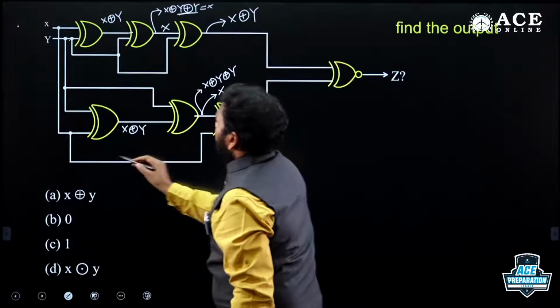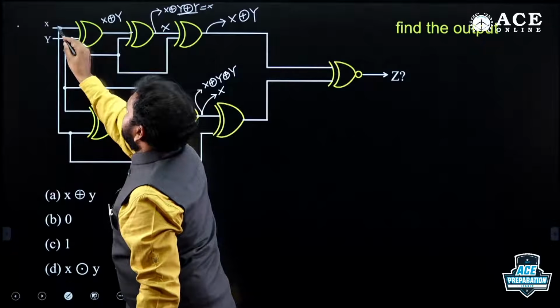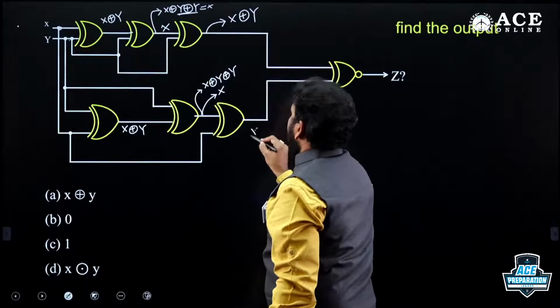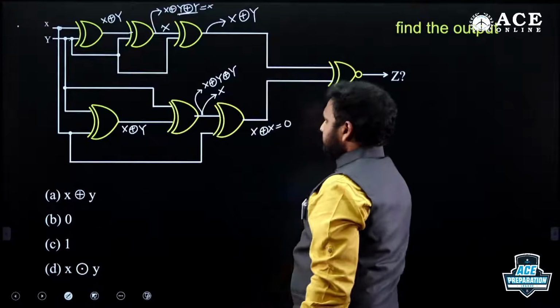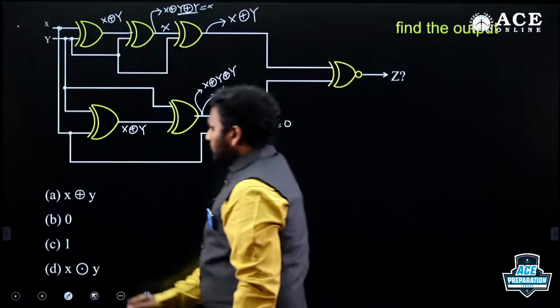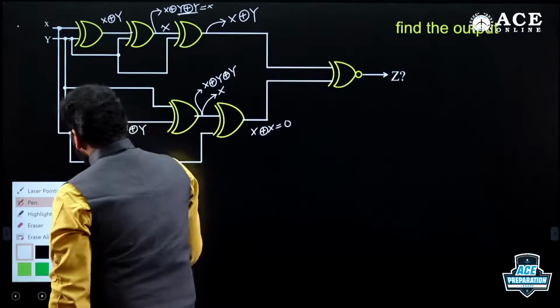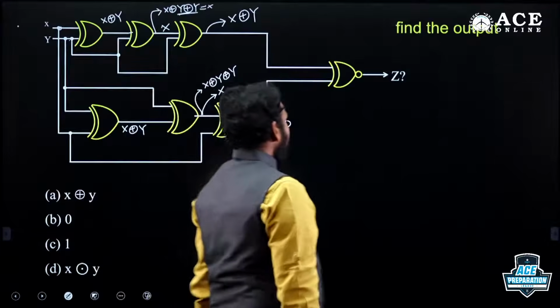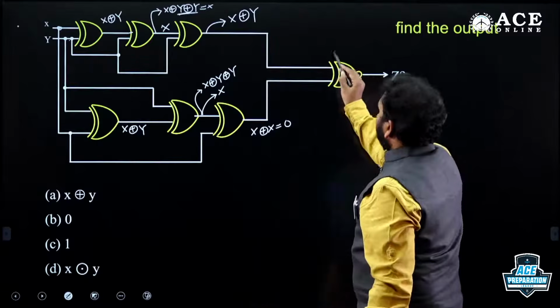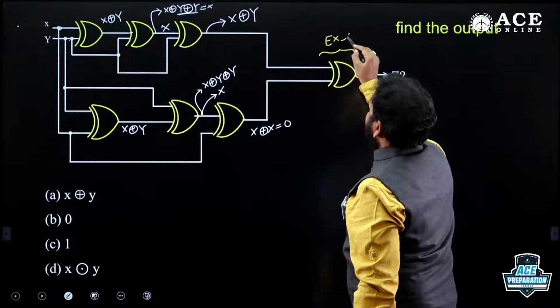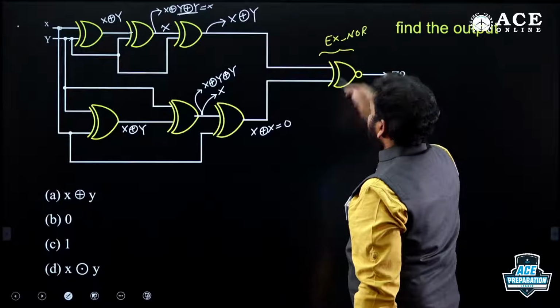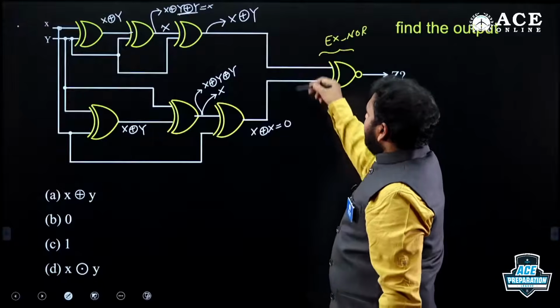What is the second input? Is also X. This is X XOR X is equals to 0. What is the final output? Please don't confuse. This is not a XOR gate, okay? This is Xnor gate, coincident gate. Can it coincide?